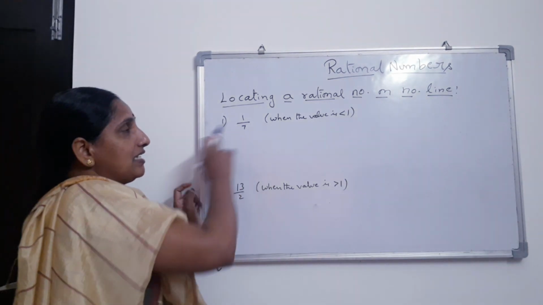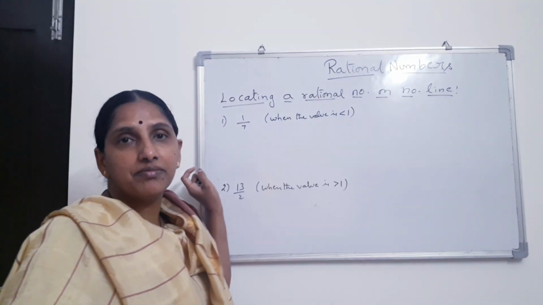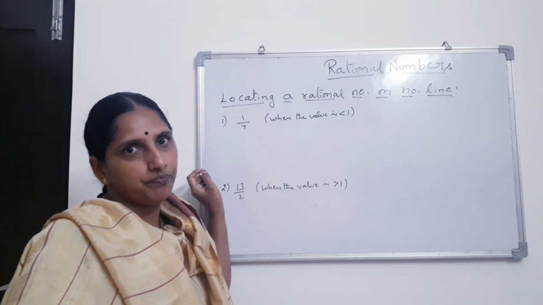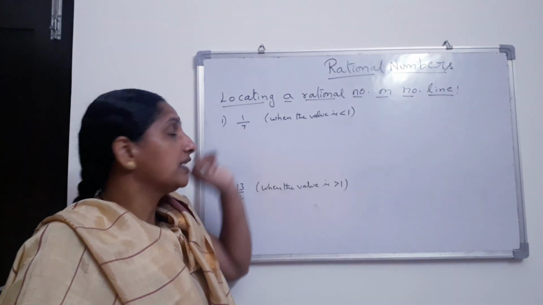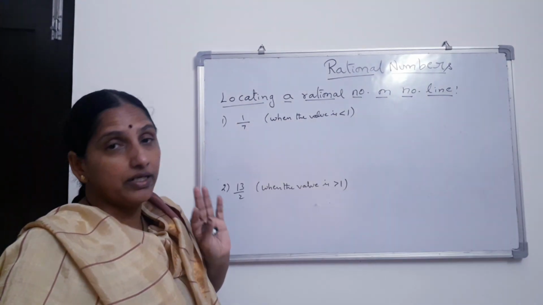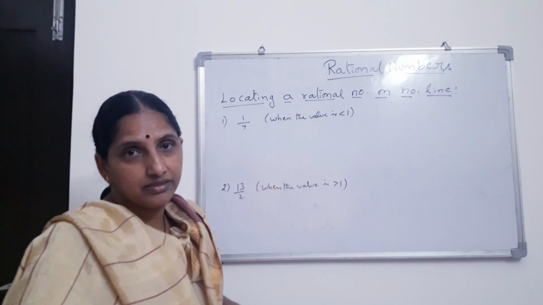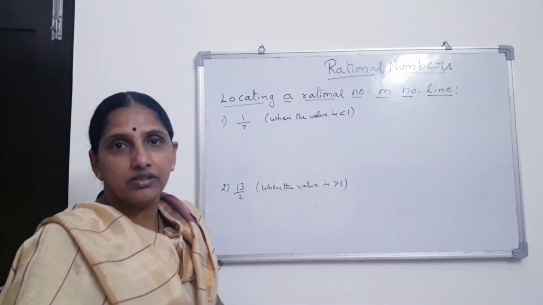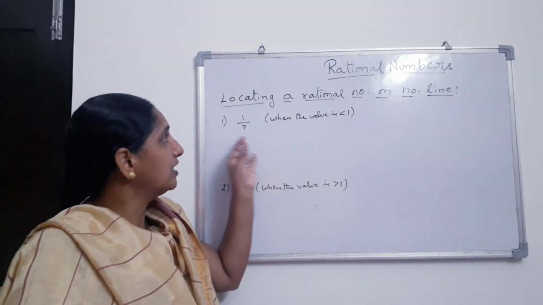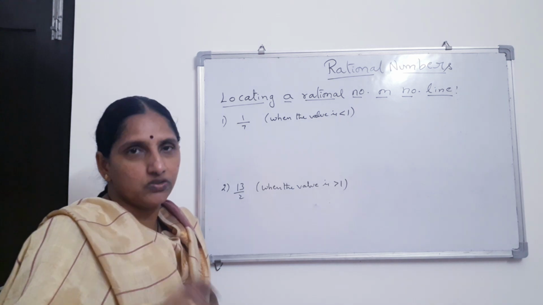Right, so here is one example which I am taking as 1 by 7. The denominator is greater than the numerator. The absolute value is less than 1, so it is something like 0.1 and so on. Okay, so this is the condition. Then how to locate this one?